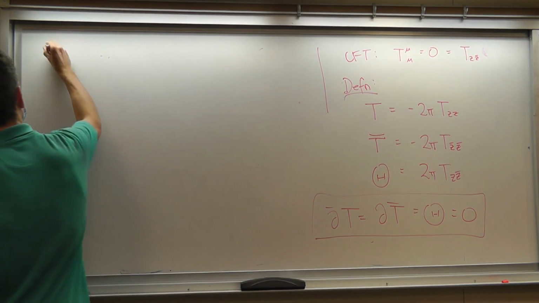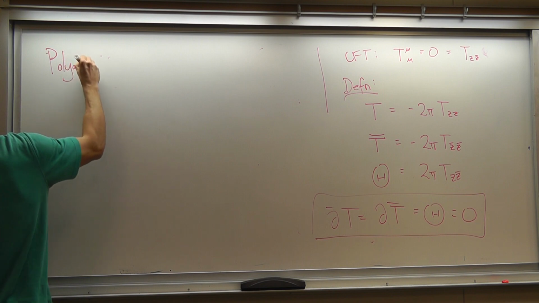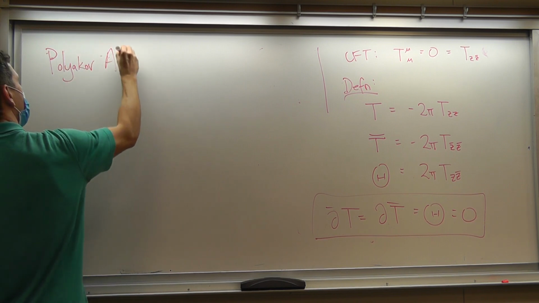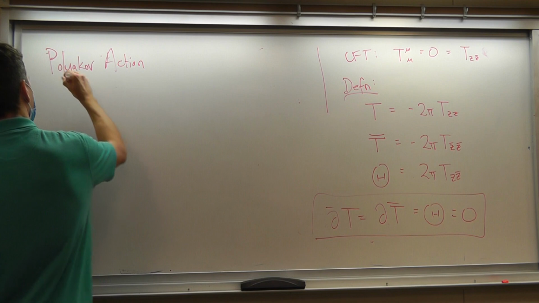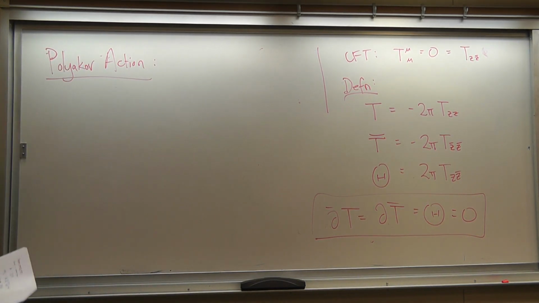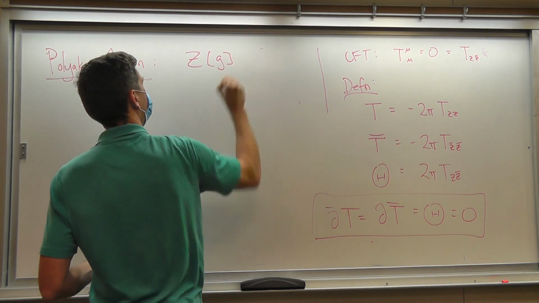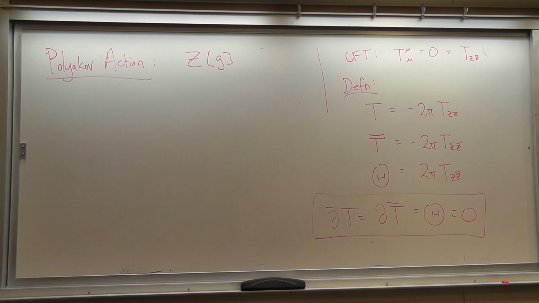I'm going to start by discussing what's called the Polyakov action. So the Polyakov action is the partition function in a curved background.